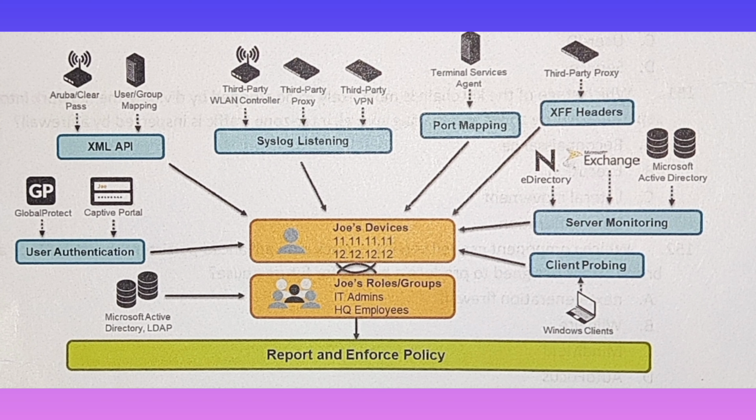User-ID seamlessly integrates Palo Alto Networks firewalls with a range of enterprise directory and terminal services offerings, enabling you to associate applications, activity, and policy rules to users and groups, not just IP addresses. Furthermore, with User-ID enabled, the Application Command Center, App Scope, reports and logs all include username in addition to user IP addresses.